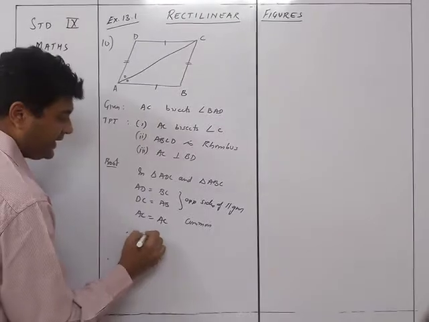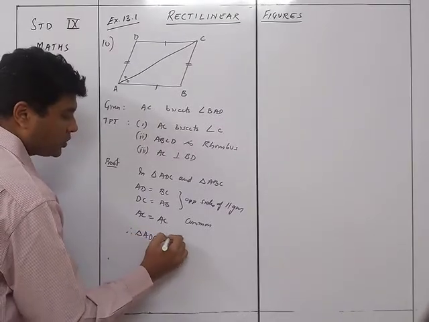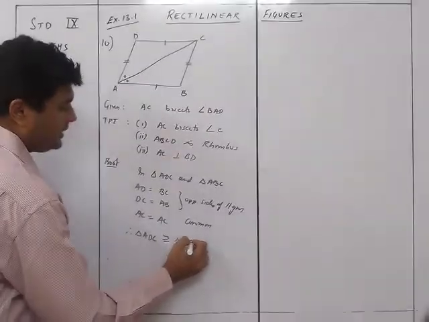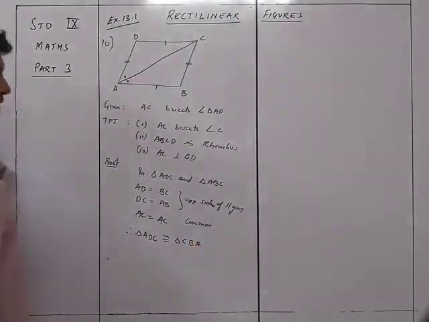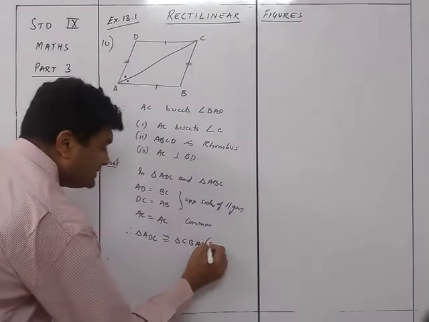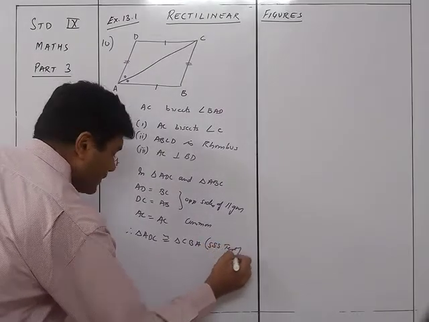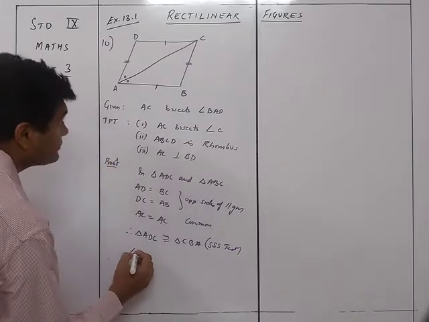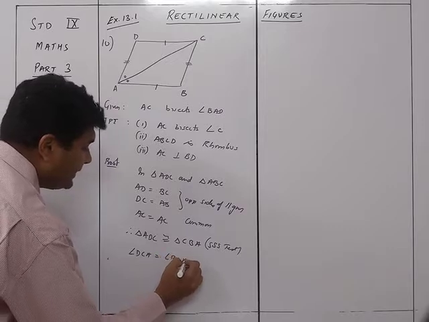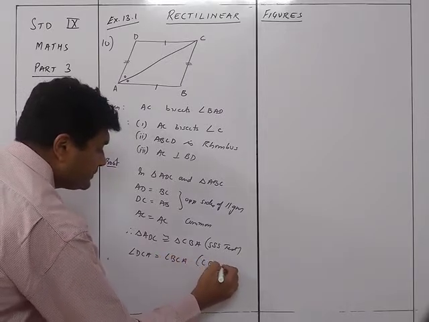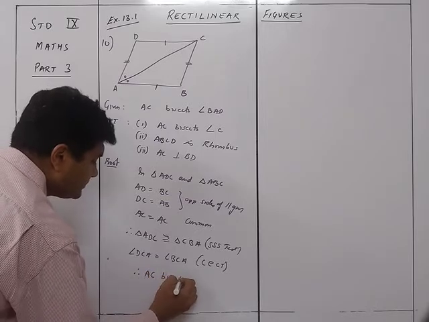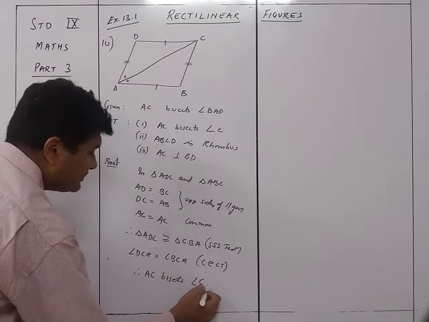Therefore, triangle ADC is congruent to triangle CBA. As per the correspondence, it will be CBA. By SSS test, accordingly, angle DCA is equal to angle BCA, CPCT. Therefore, AC bisects angle C.